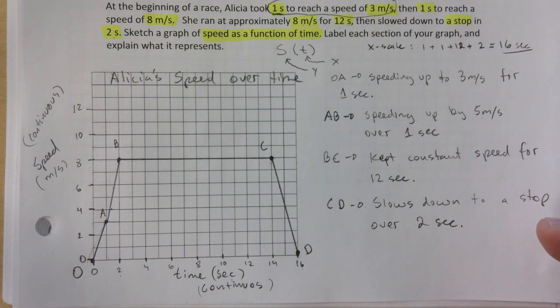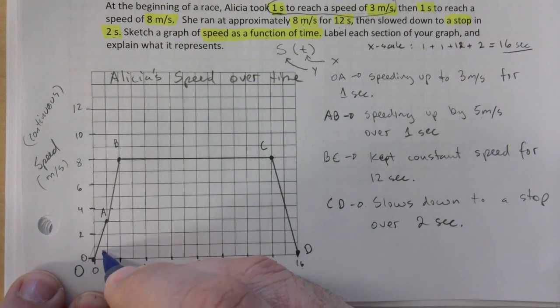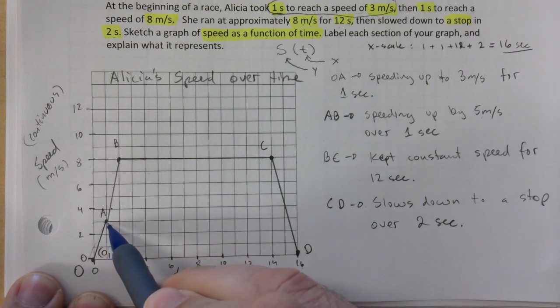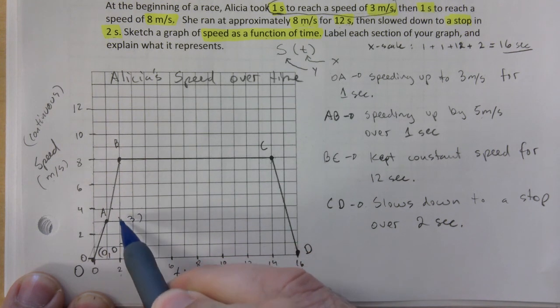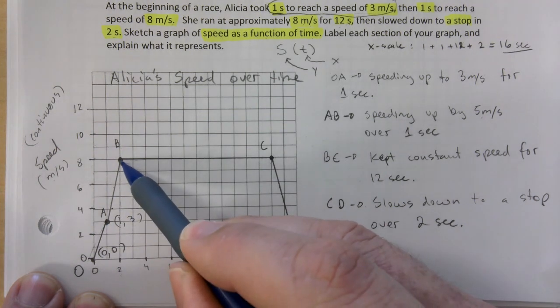Let me see here. I think that'd be a good idea to label the points. Okay, so can you just write down this is 0, 0. This one is 1, 3. This point right here is 2, 8.